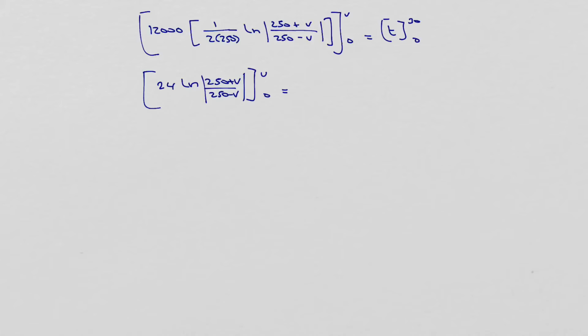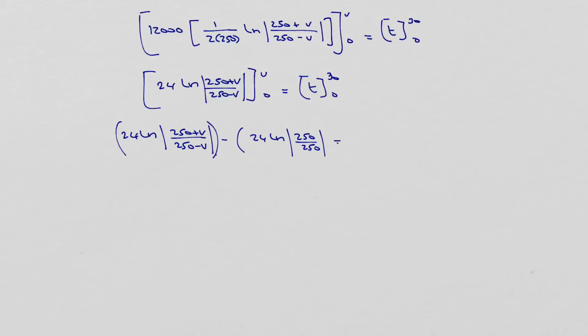And if I put in for my limits next, well, I'll end up with 24 natural log of 250 plus v over 250 minus v, and then minus 24 times natural log of 250 over 250, and that's equal to 30. And of course, natural log of 1 is 0. So all of that just goes to 0.